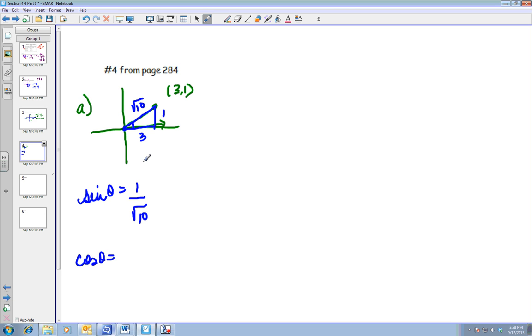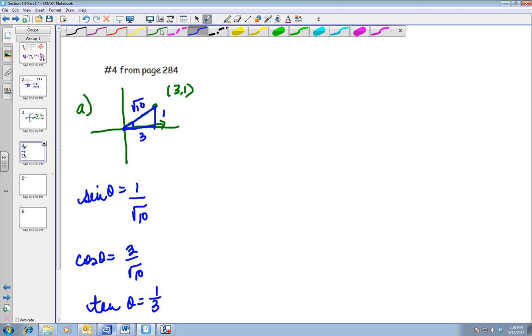Cosine theta is x over r, 3 over the square root of 10, or adjacent over hypotenuse. Tangent theta is y over x, 1/3, or opposite over adjacent. Okay, so that's part A.